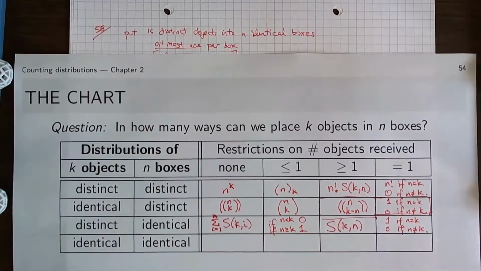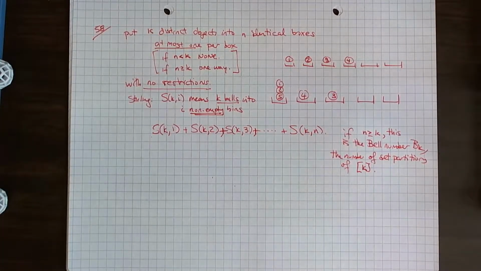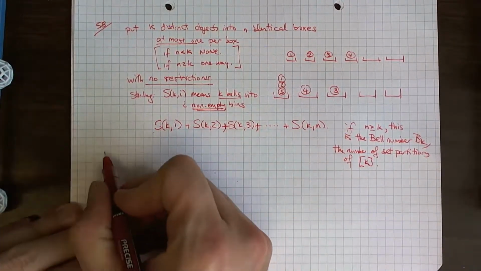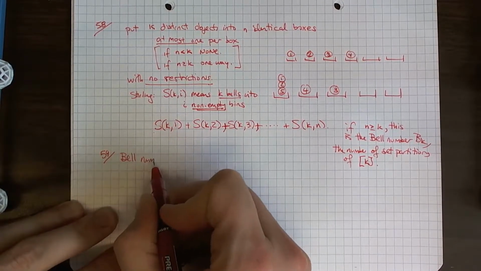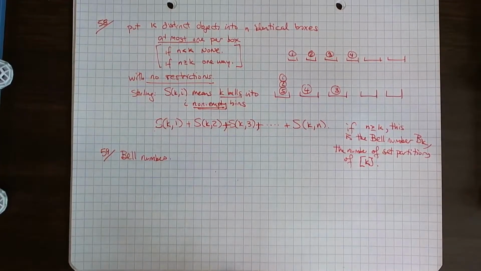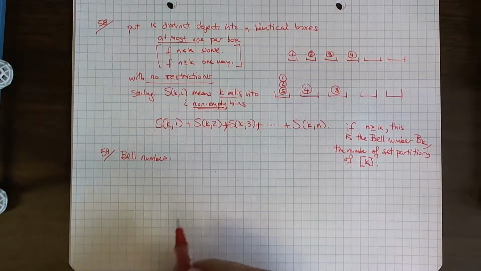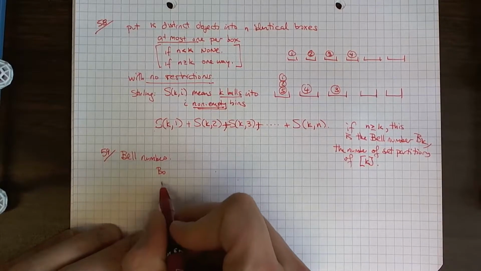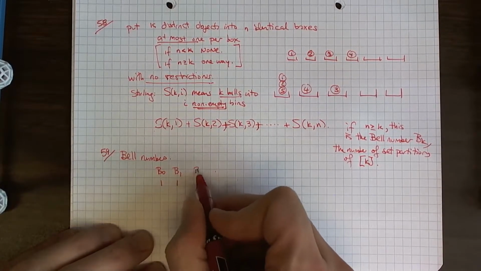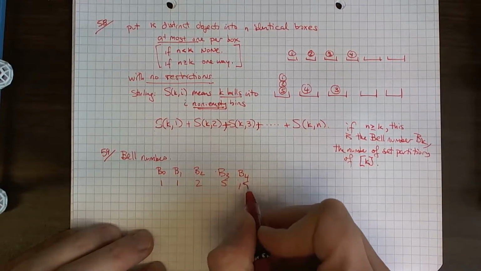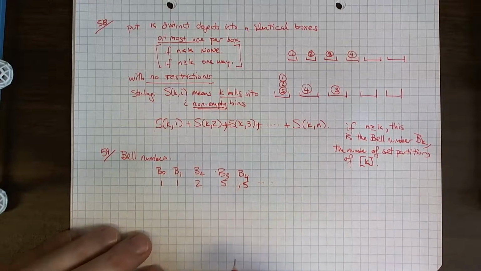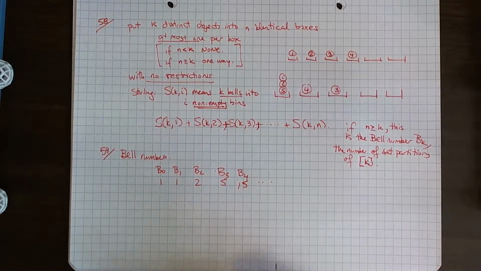Okay, so let's do one quick detour here into the Bell numbers. This is page 59. Bell numbers. It's the number of set partitions of k elements into any number of parts. And those numbers look like 1, 1, 2, 5, 15, and they satisfy a recurrence.